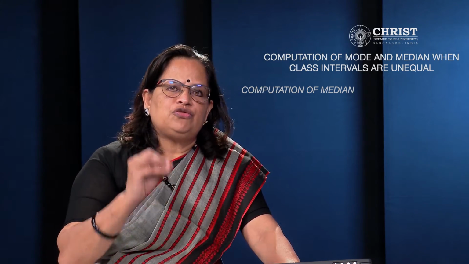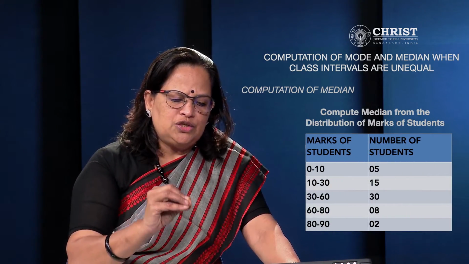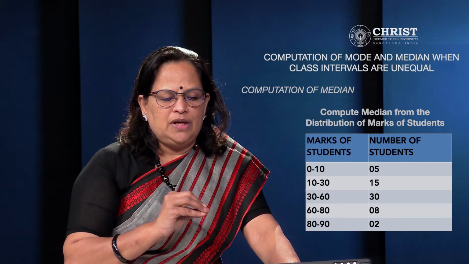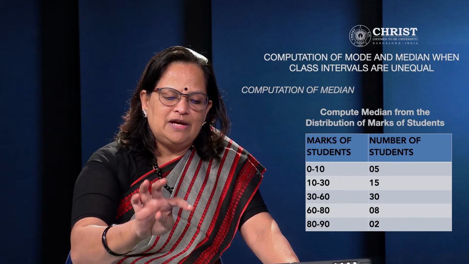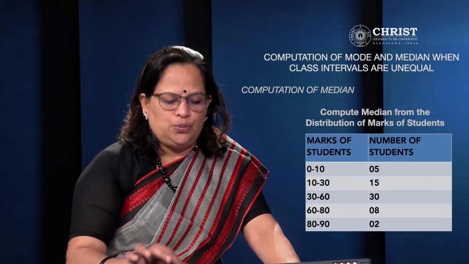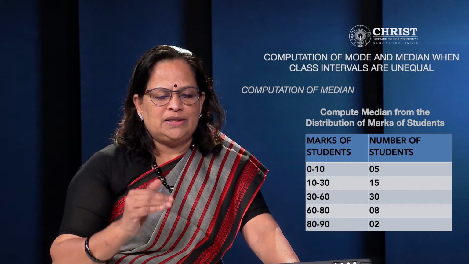This is problem 2: compute the median from the following distribution of marks of students. 0 to 10, 10 to 30, 30 to 60, 60 to 80, 80 to 90. Remember the frequency values are 5, 15, 30, 8 and 2. Now without converting the series, we will do it as it is.